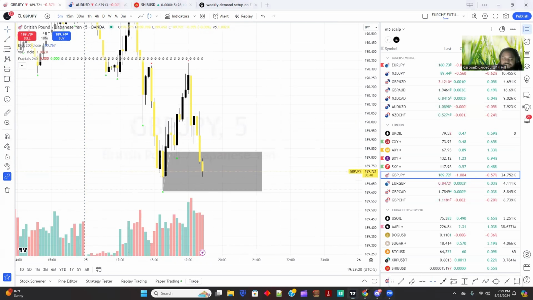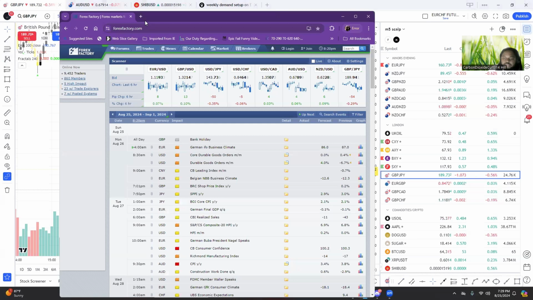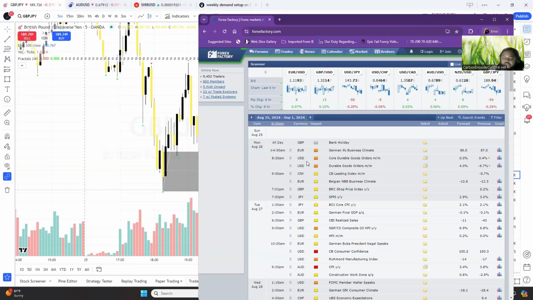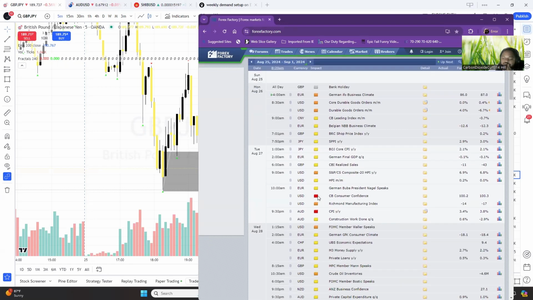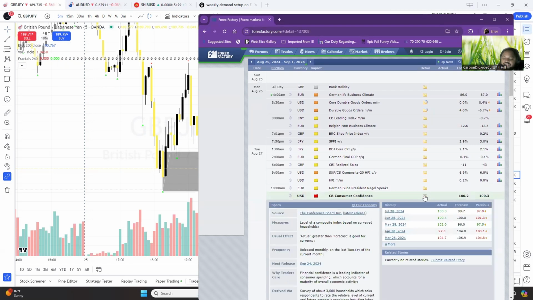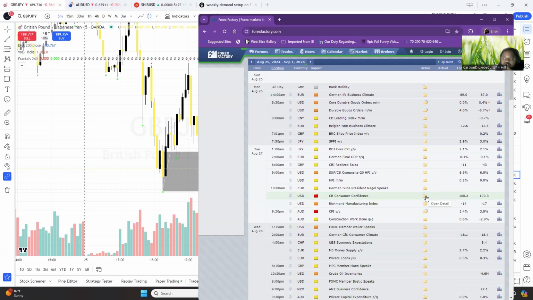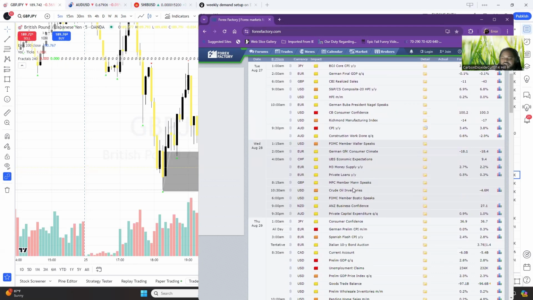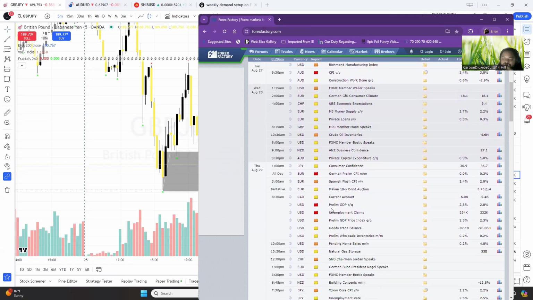While we're waiting, let's go over the news this week. Monday, nothing USD related. That's good. Tuesday, we got CB consumer confidence. So I expect Monday to be kind of choppy, maybe, and all the volume coming in at 10 o'clock for this move. Wednesday, not too much for US. Then Thursday we have unemployment claims and preliminary GDP.